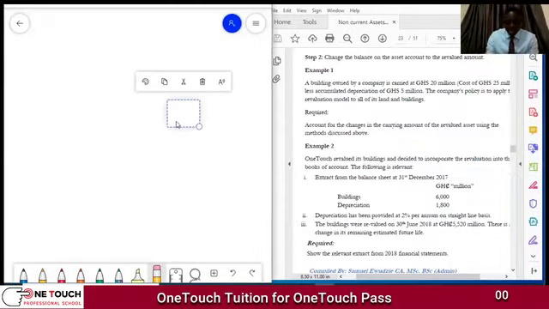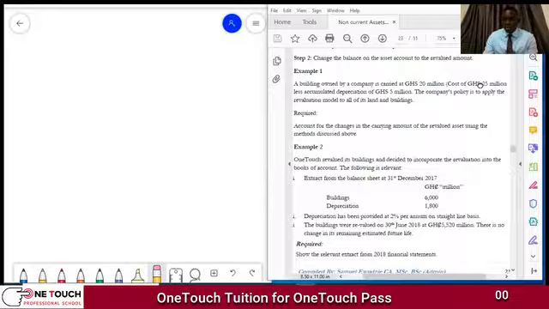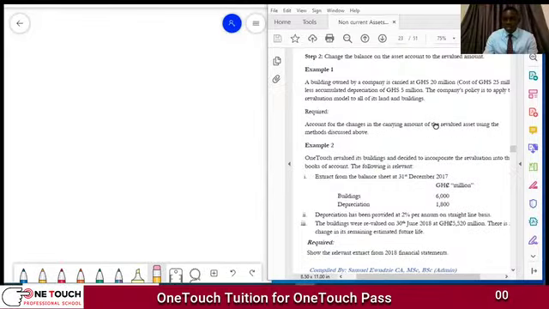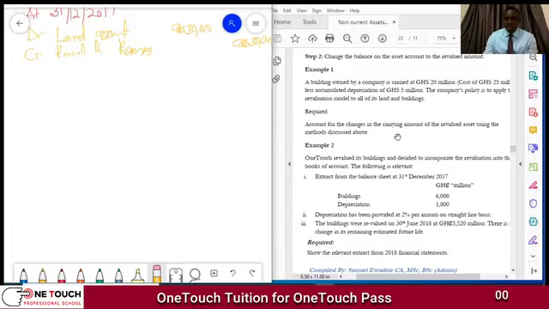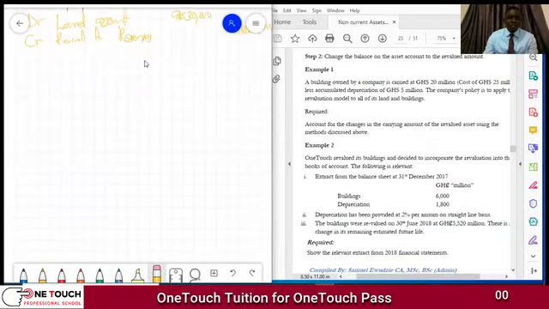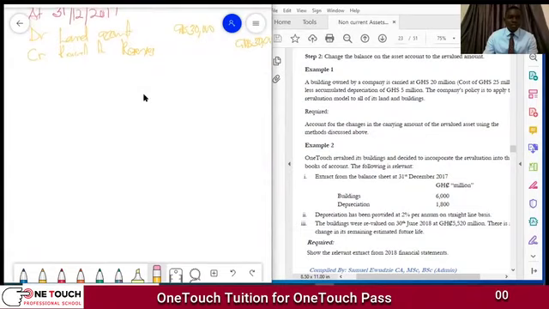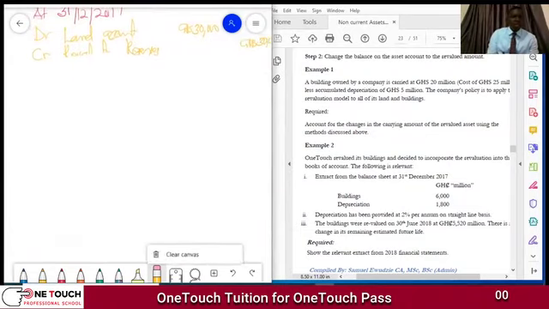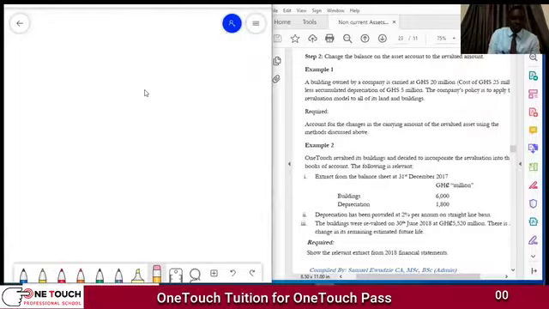Okay. So we have a building owned by a company carried at 20 million, cost of 25,000, less accumulated depreciation of 5 million. So here we have our asset accounts.